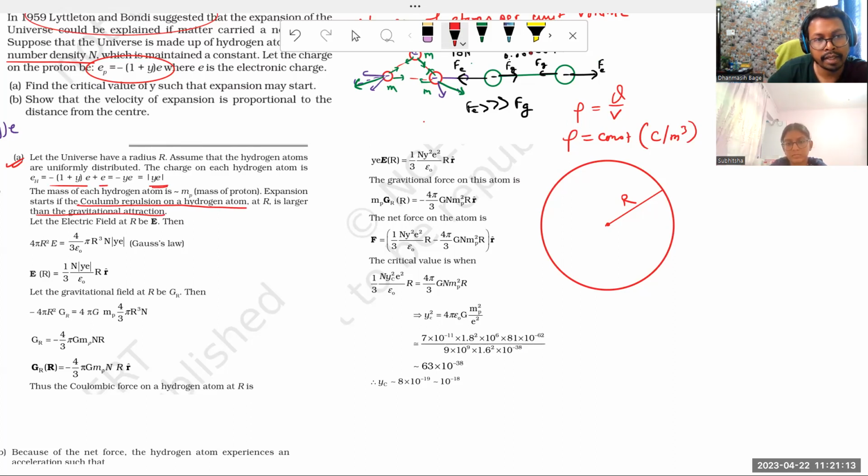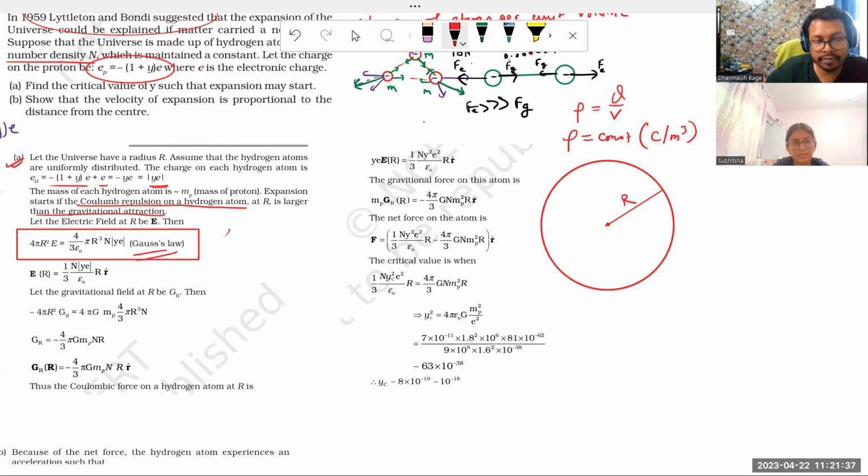Simple. Let the electric field at R be E, then 4 pi R squared E, they have used the Coulombic force, like Gauss law. Did you understand where this comes from? I think you must be able to understand this one now. Where is that coming from? Yes, sir.